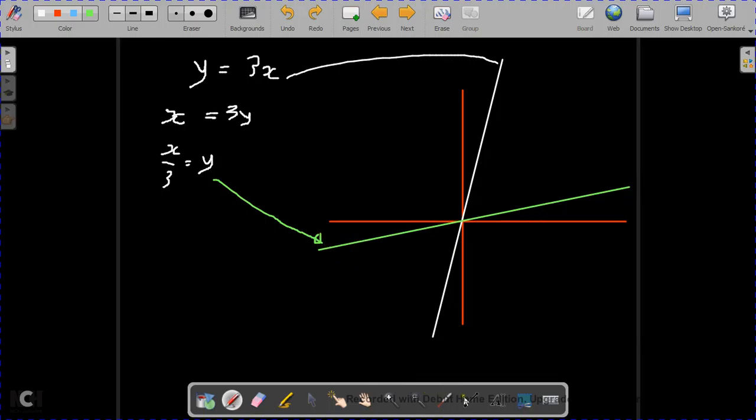Now, as I said before, basically what we're doing is we're drawing the line. This blue line is going to be the y equals x line. So it goes midway between all those points, and then all these points on our original function get reflected along that line.